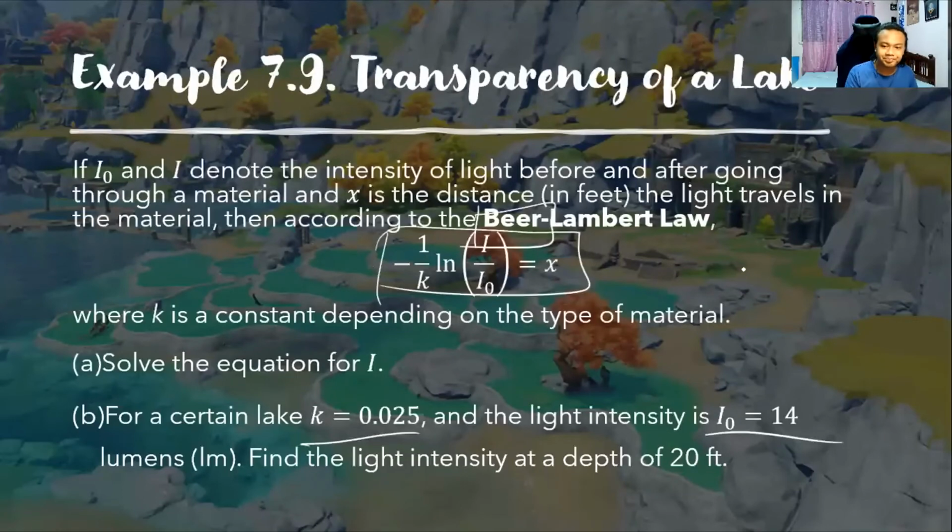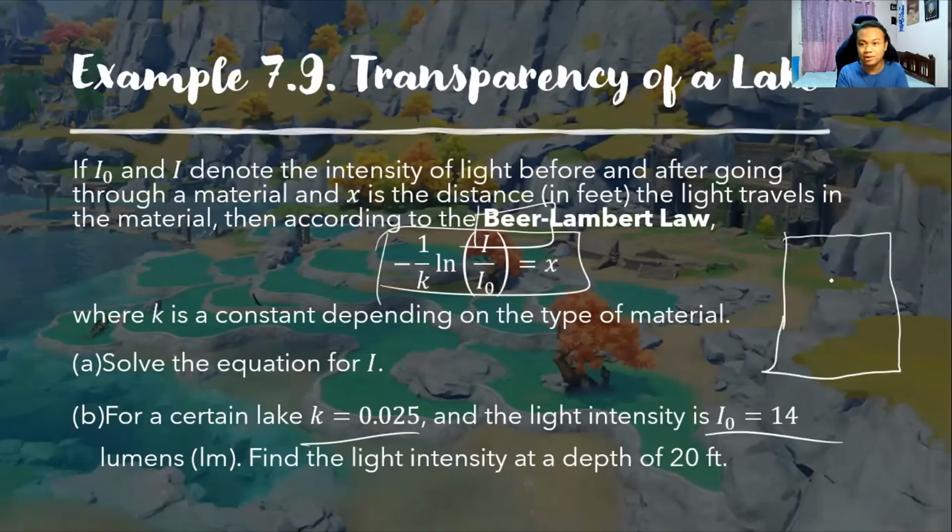Okay? So, to help you appreciate this, imagine a portion of a body of water, like that lake. As the light gets deeper and deeper, it can no longer penetrate to the very bottom.